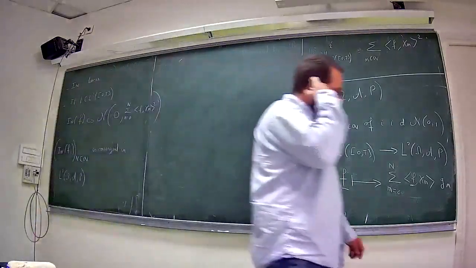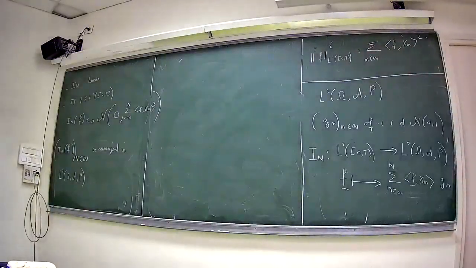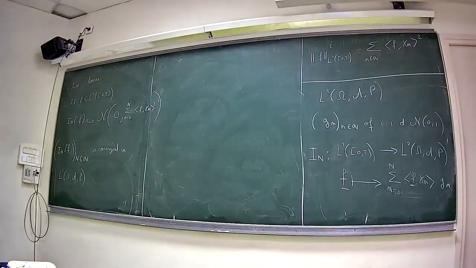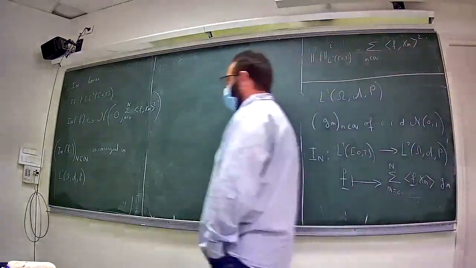How do we prove that something is convergent in the space L2 of omega, A, P when you don't know the limit? In other words, when you are in a space that is complete, how do you prove that a sequence is convergent?